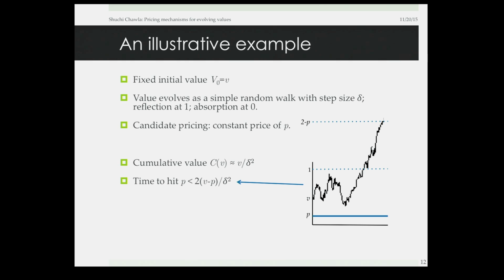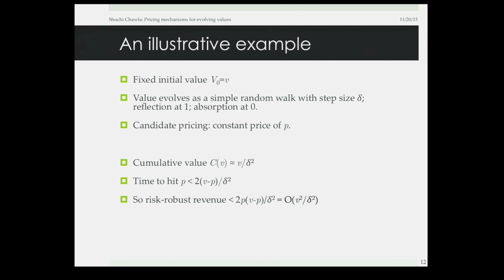Think of this as a random walk between 0 and 2, and then ask how long does it take for this random walk starting at V to hit P or 2 minus P. And that's a simple expression. It's basically this length times this length divided by delta squared. So about V minus P over delta squared is what it turns out to be. And so the risk-robust revenue is basically P times this.